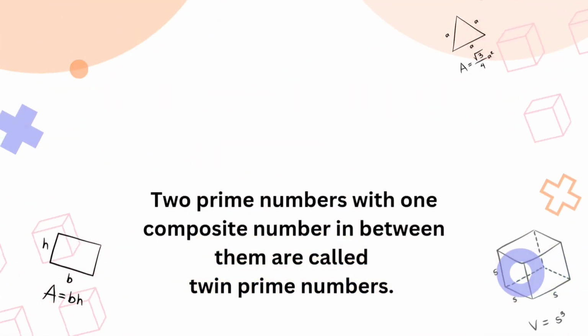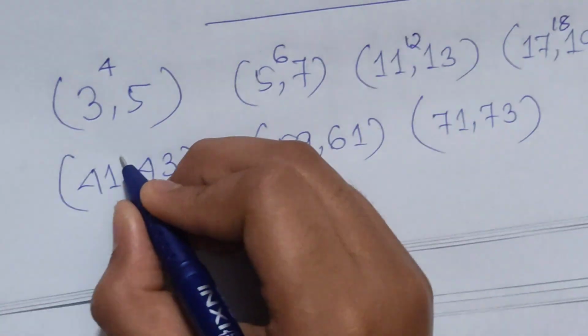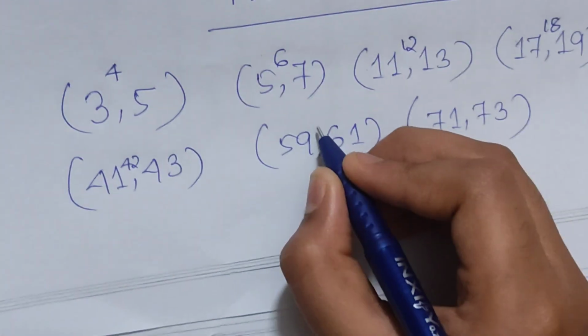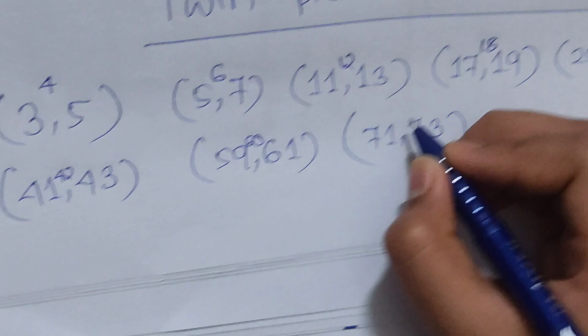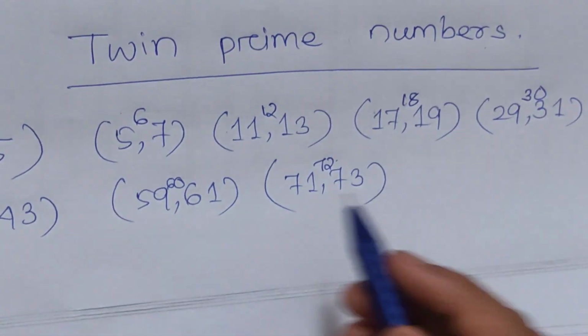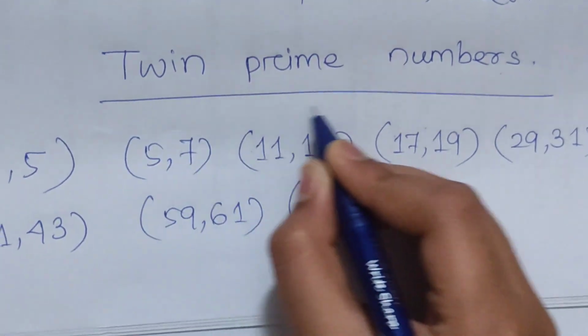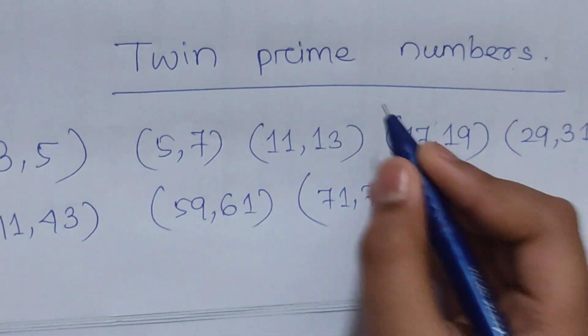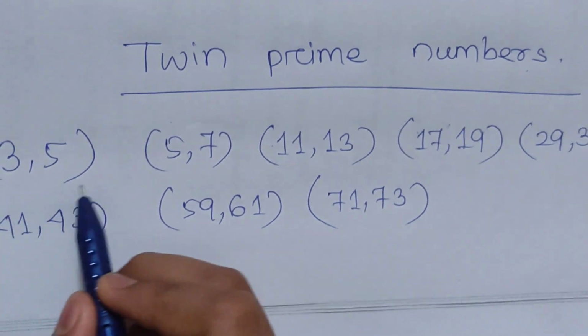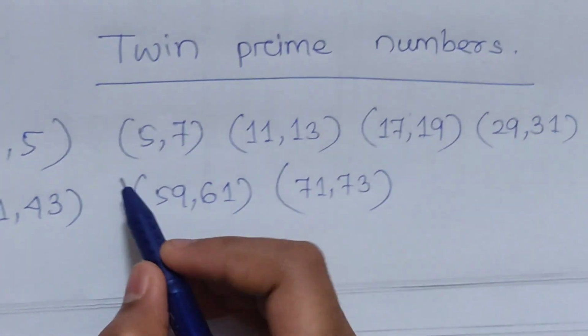Example: 3 and 5, 5 and 7, 11 and 13, 17 and 19, 29 and 31, 41 and 43, 59 and 61, 71 and 73. There are 8 pairs of twin prime numbers between 1 and 100.